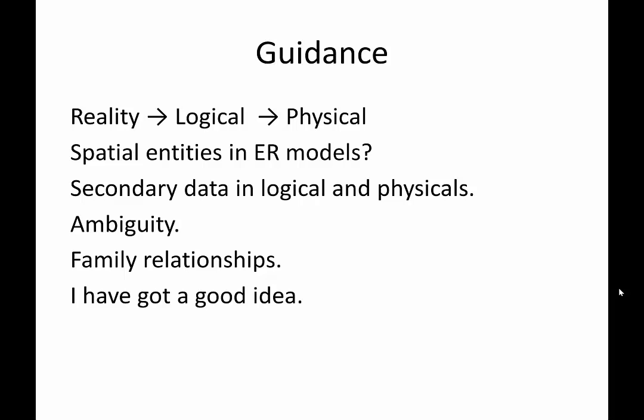Now, the other thing is that there is often a lot of overlap between logical and physical models. In the logical model, you've got your entities and your attributes, and a lot of the time they map onto single tables. Then you've got your relationships, which may be turned into tables or may not be turned into tables.